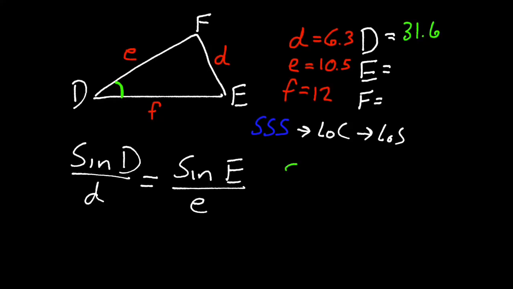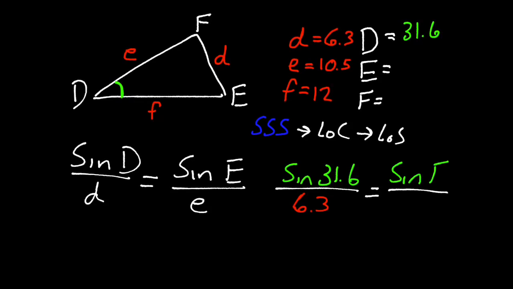I know that it is the sine of 31.6 divided by 6.3, and this is going to be equal to the sine of angle E, which I don't know yet, there's my unknown, divided by 10.5. So there's my setup.